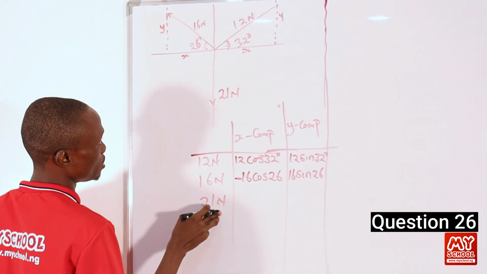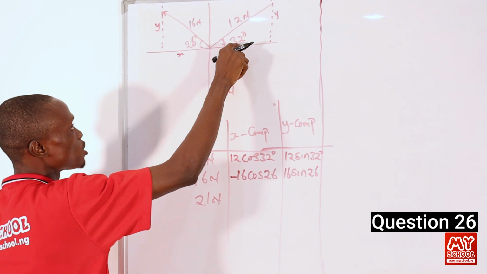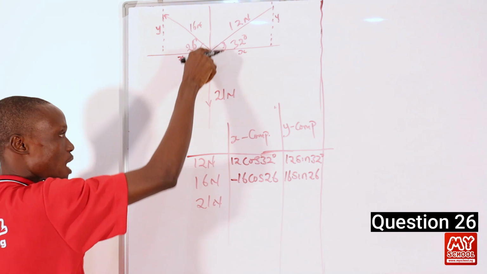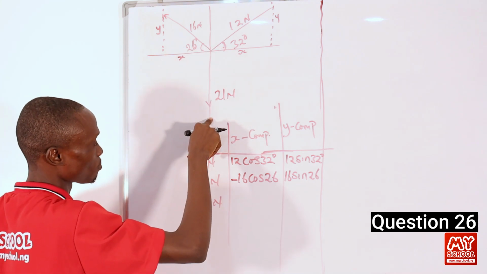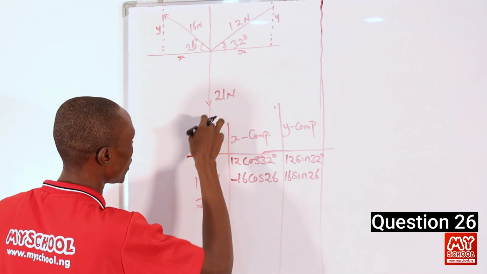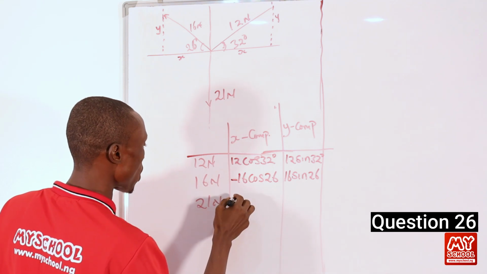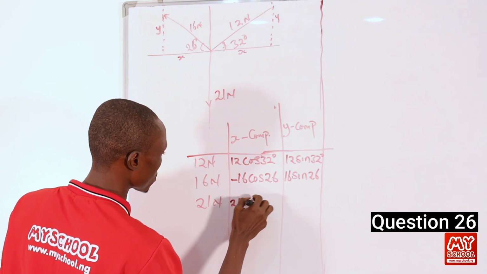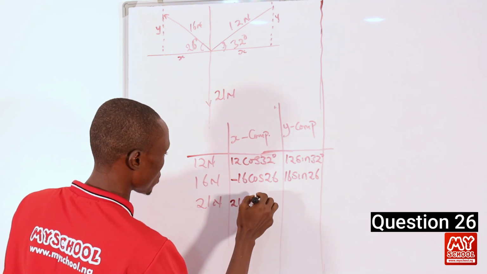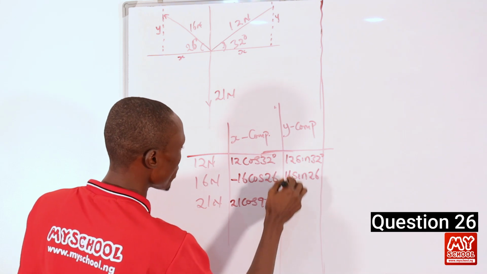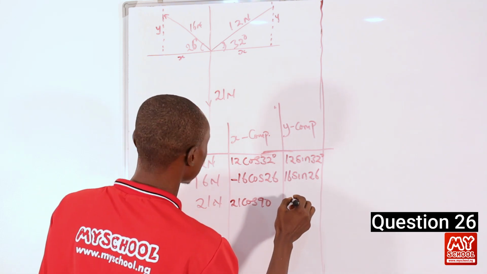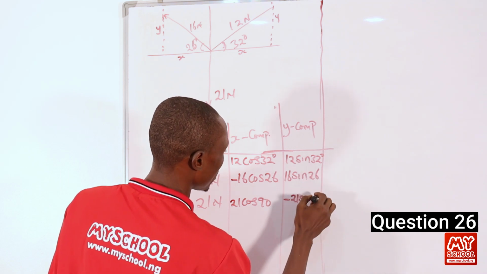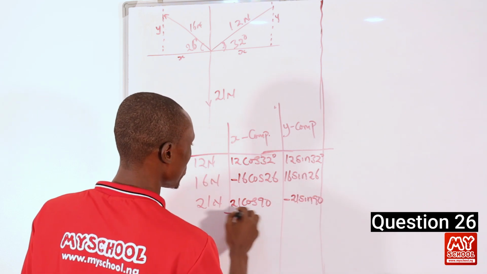So let's move down to this. Since we know that from this point to here is 90, we still apply the same rule. We take the angle here to be equal to 90. But our x here is actually going to be 0. So here we are going to have 21 cos 90 degrees, while here we are going to have minus 21 sine 90 degrees.